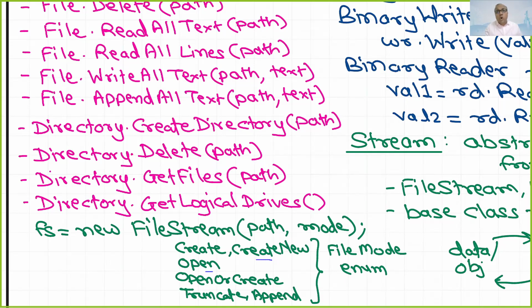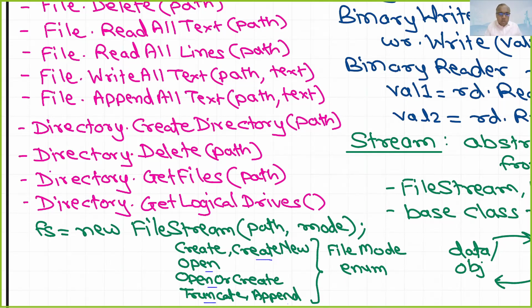Whether you want to write or read can be decided by using the third argument called FileAccess. Then there is an option called OpenOrCreate, which means if the file is already present, then open it, and if the file is not present, then create it. There is also an option called Truncate. Truncate means you are opening a file for writing, and whatever existing contents are there, those are deleted from the file.